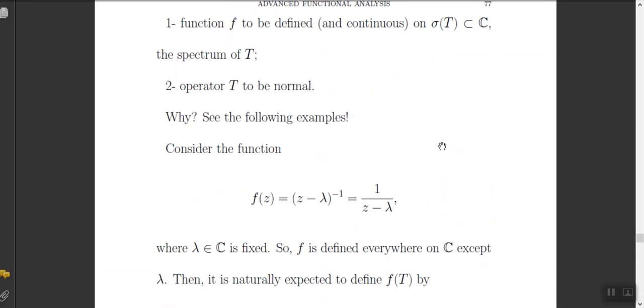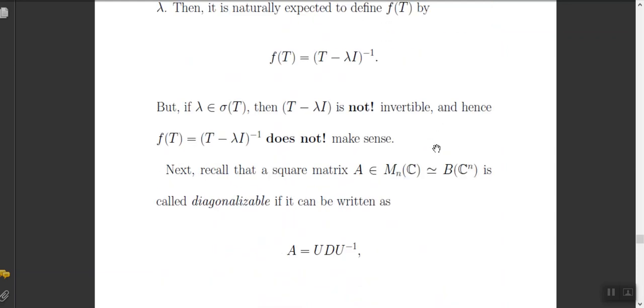And another example, why do we consider T to be a normal operator? When we say normal operator, it means T commutes with its adjoint. Do you remember? T star T equals T T star. First of all, why do we consider this? Let me give you an example of a finite dimensional space.